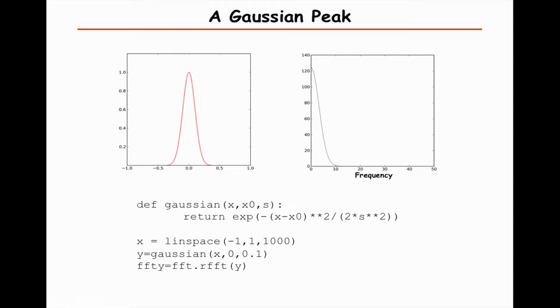Now if we want to start looking at different types of peaks, one is Gaussian, which is a normal distribution. We can easily generate that in Python, and we can also take the Fourier transform of it. Here we see that the Gaussian is dominated by low frequencies.